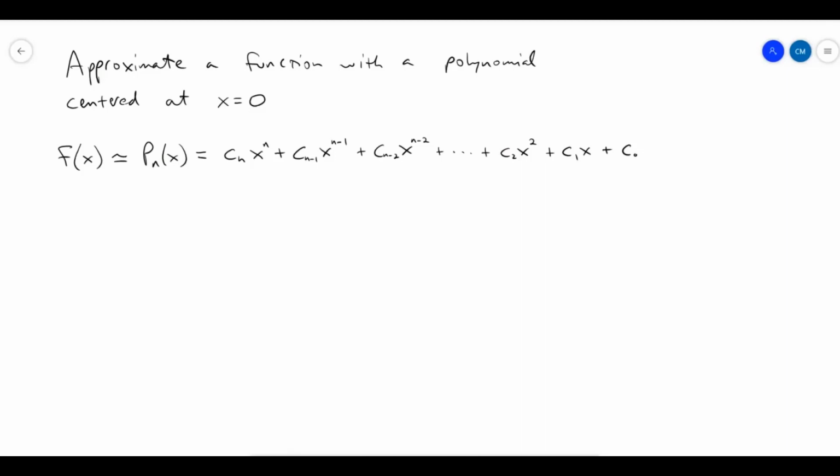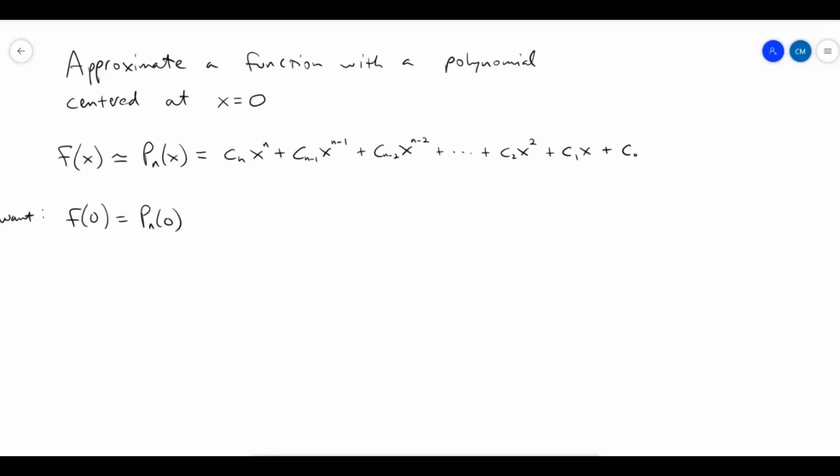So in other words, since we're doing this at 0, we're going to say that it's going to be exact right at 0, but then maybe a little bit further away, maybe it's not going to be so great. But at the center, it's going to approximate it exactly. In other words, we want f of 0 to be exactly the same as Pn of 0. At least one of the things that we want.